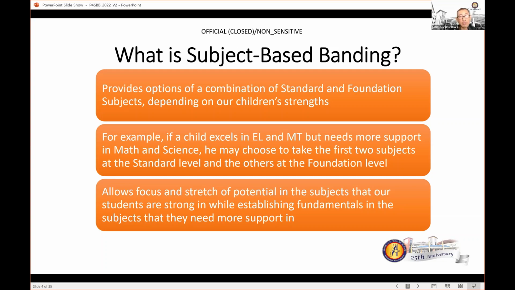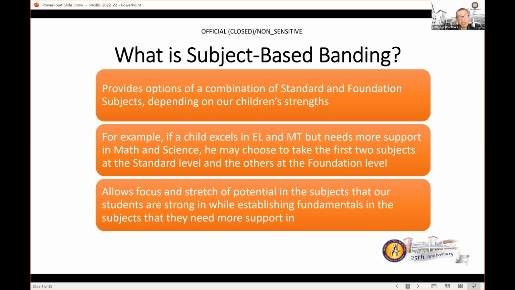So that's when subject-based banding comes into play, whereby instead of the big rough cut of EM1, EM2, EM3, we now go into this mode whereby each child, depending on their performance in each subject, at the subject level, we will decide whether they should be taking that subject at the standard level or at the foundation level. All right. So that's pretty much the big brushstroke of why and what subject-based banding is all about.